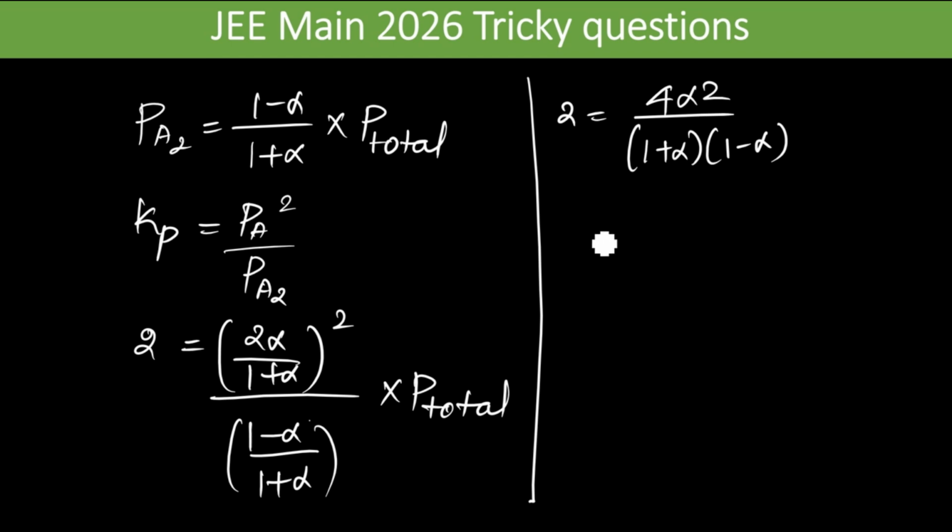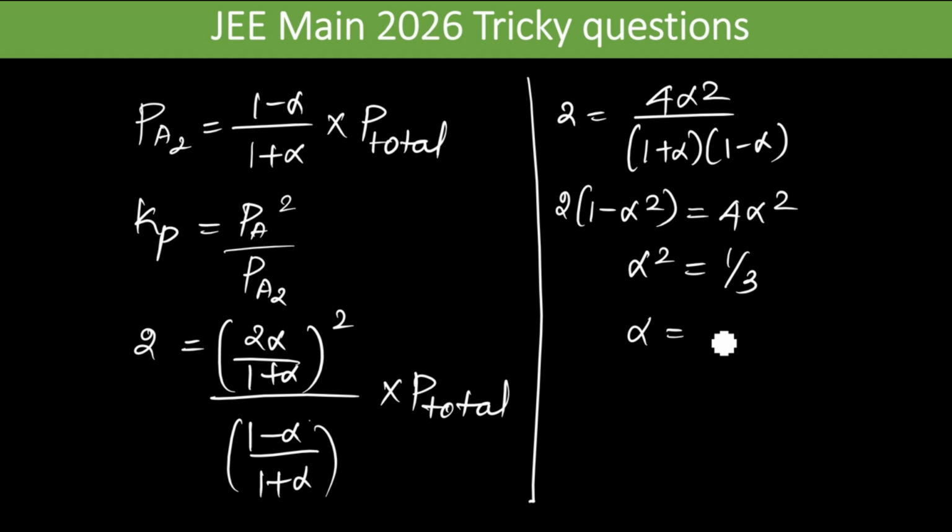So which will become (a plus b) into (a minus b), a squared minus b squared, right? So 2 into (1 minus alpha squared) equals 4 alpha squared. You will end up with alpha squared equal to 1 by 3, so alpha is equal to the square root of 1 by 3.